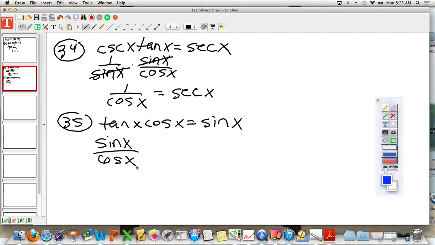Then you're just doing times the cosine of x. Well, if it's just the cosine, I can write it as the cosine over 1, if that helps. I'm multiplying, so what cancels out? Cosine. What's left? Sine over 1. That's what I wanted. Sine of x over 1 is the same thing as the sine of x.